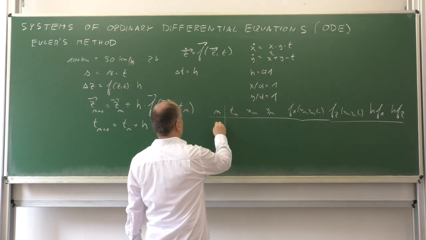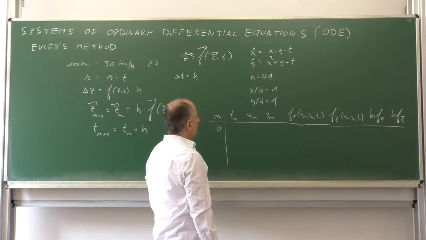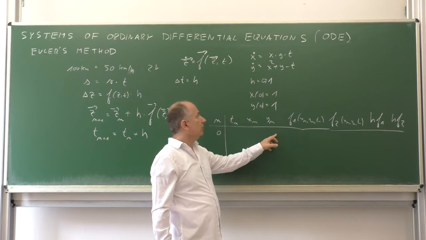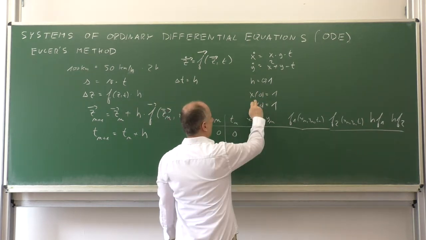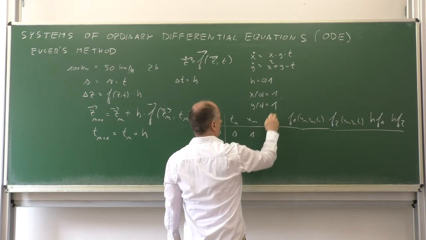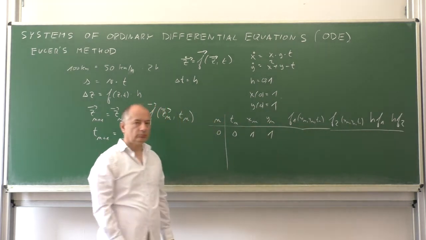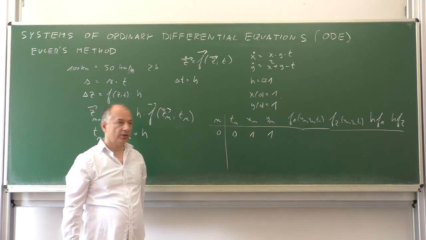Then, starting with index 0, we read these three values from the initial condition. t is 0, x is 1, and y is 1. And now the computation starts.